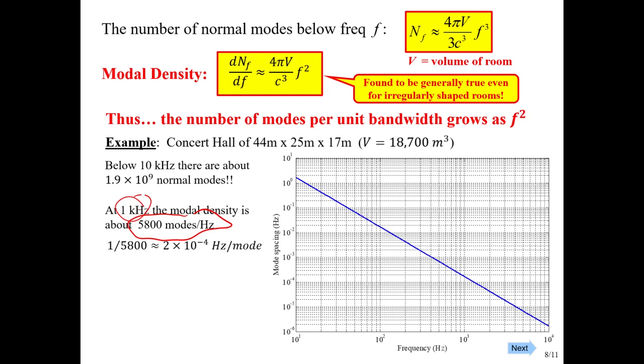So that's a spacing on the order of 2 times 10 to the minus 4 hertz per mode. So that's what I'm plotting here, the mode spacing. That's the spacing in hertz between modes. And you can see it's all really small numbers as we go up, and I'm only going up to 10 kilohertz. So these modes are very, very closely spaced. Even down at low frequencies, they're still pretty closely spaced. Everything is less than a hertz spaced.